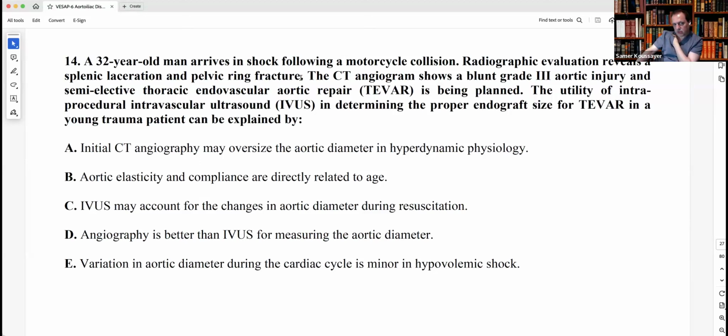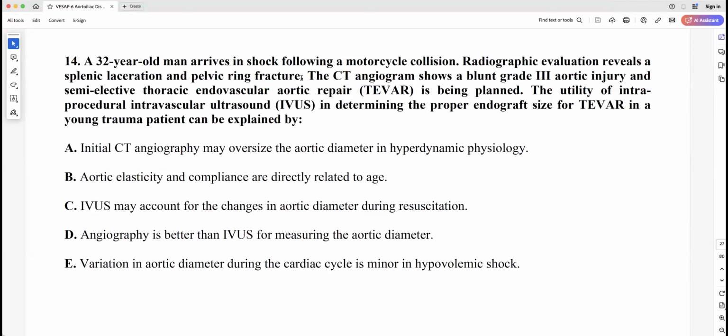Because if he didn't mention this, you can't presume the patient was hypotensive, but he said splenic laceration, pelvic ring fracture. So he wanted to tell you he was in shock. So he tells you the patient is hypotensive. So when you do a CAT scan, it will undersize the aorta, because the aorta changes with the volume, right?